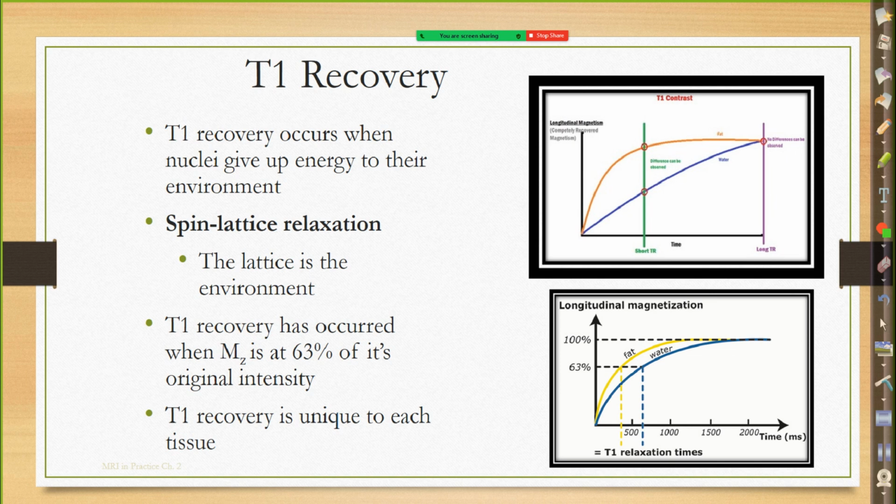The surrounding environment easily absorbs that energy from that hydrogen spins. It's processing at a slightly lower rate, so it doesn't have as much energy to start compared to water. So those are all the reasons why fat recovers quicker than water.